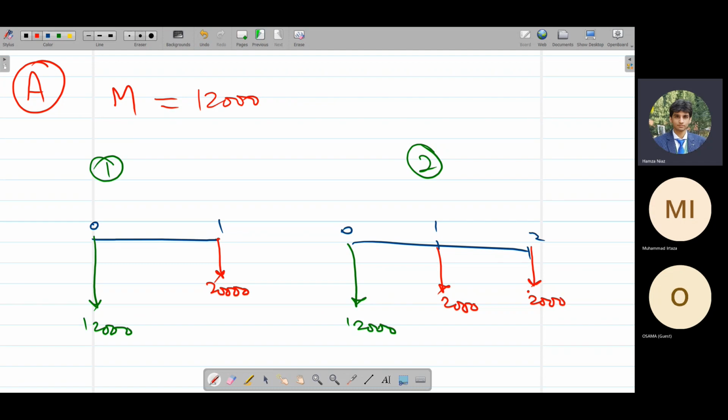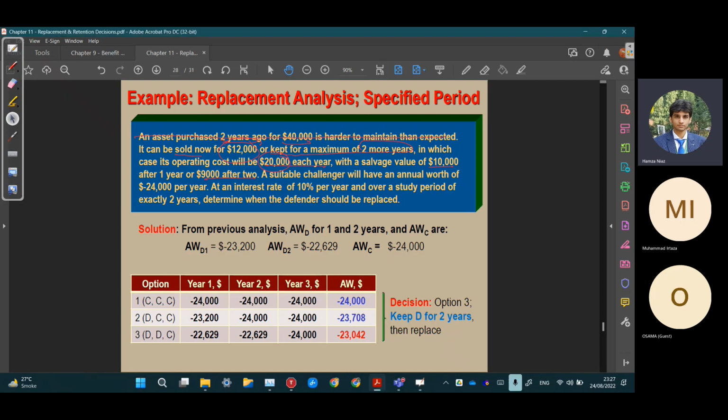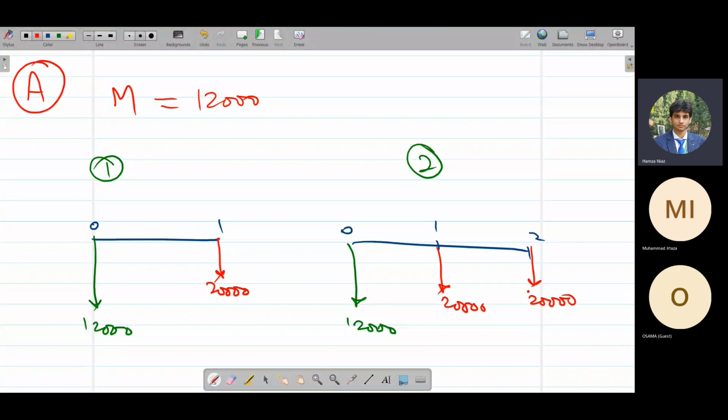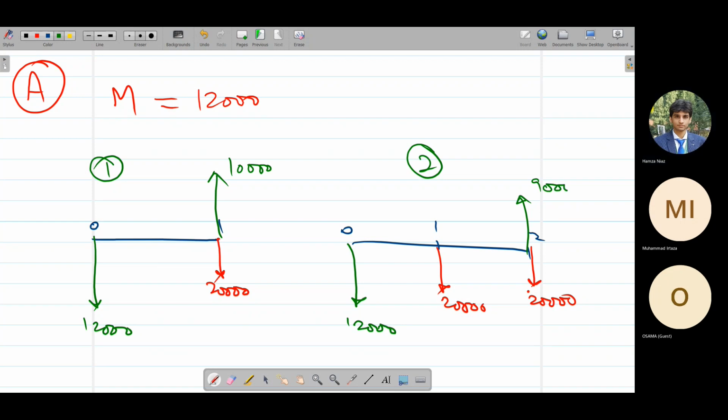So it's always the annual operating cost, 20,000, 20,000. Okay, and salvage value would be 10,000 after year one, 9,000 after year two. So salvage value is always positive, 10,000 and 9,000.